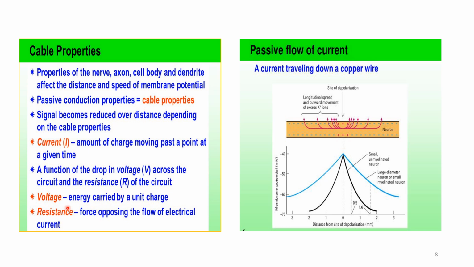Voltage is the energy carried by a unit charge. Resistance is the force which is opposing the flow of electrical current. So you know that resistance is an opposing force. Voltage is the energy carried by a unit charge. Current is the amount of charge which is moving past a point in a given time.